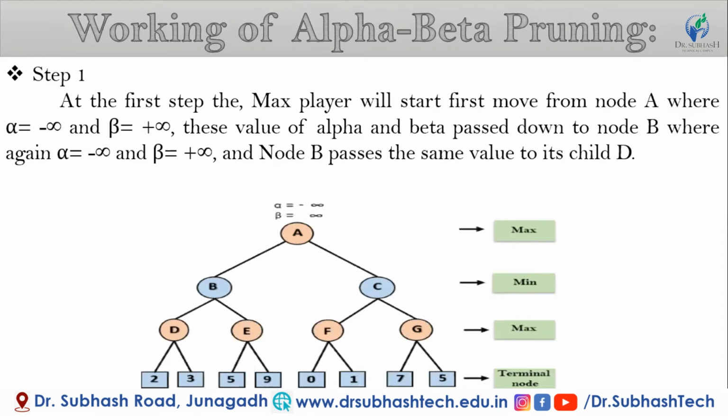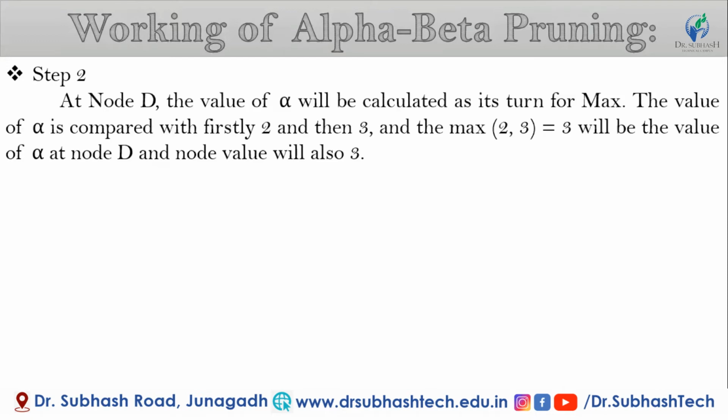Now let us see step number 2. At node D, the value of alpha will be calculated as it is the turn of max.